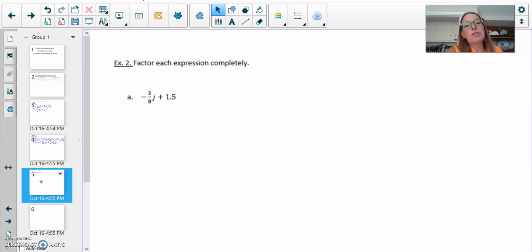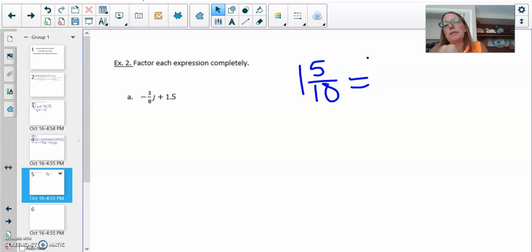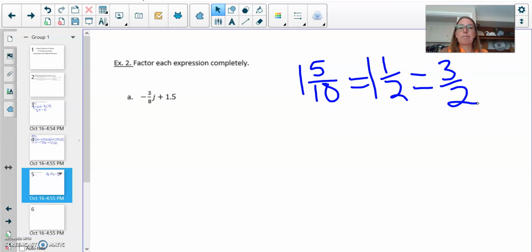Factor each expression completely. Negative 3/8 j plus 1 5/10. So I'm going to convert 1 5/10 now into an improper fraction. So 1 5/10 is equivalent to 1 1/2. As an improper fraction, that is 3/2.